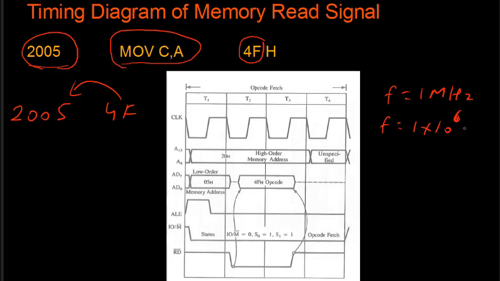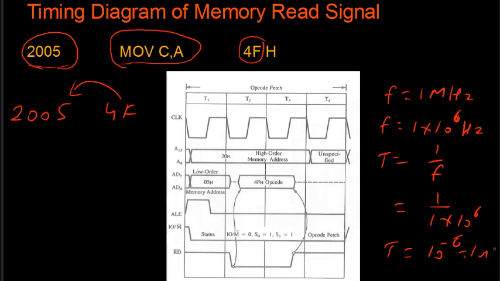So the time period is 1 upon f, which is 1 upon 1 into 10 raised to 6. This 10 raised to 6 goes up, so we have 10 raised to minus 6, which is actually 1 microsecond. So if we use this particular frequency, then T1, T2, they are all of 1 microsecond. This is the clock.